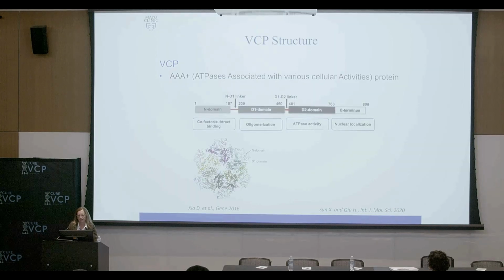Then there is the D2 domain, where most of the ATPase activity resides, and the C-terminal, which is important for nuclear localization. There are then the 2 linkers, which are equally important for VCP structure. For example, the linker between the D1 and the D2 domain is important for the D2 domain ATPase activity.